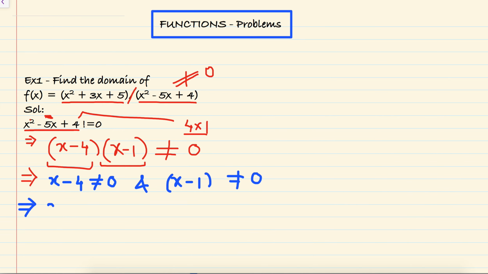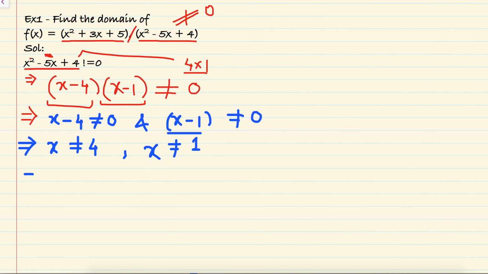Or in other words, x should not be equal to 4. So we have just moved 4 to the other side, and from this equation x should not be equal to 1. Or in other words, x should not belong to the set containing 1 and 4.